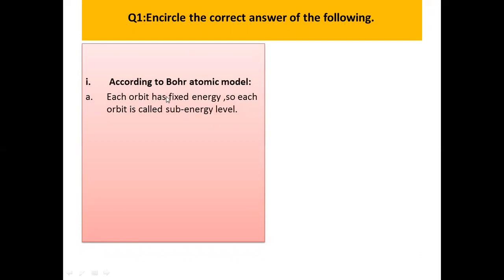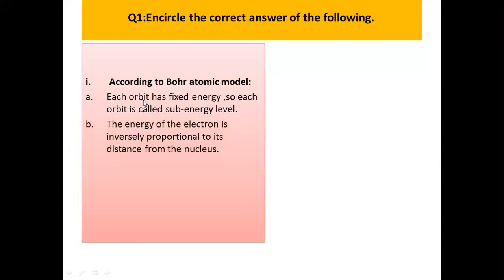Because each orbit has fixed energy, so each orbit is called energy level, not sub-energy level. Sub-energy level is for subshell, not for the shell or the orbit. So this is wrong, and this statement is not about the Bohr atomic model.